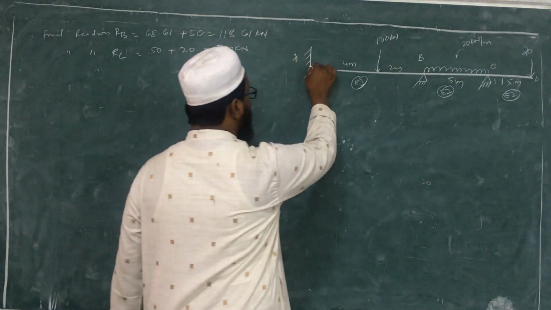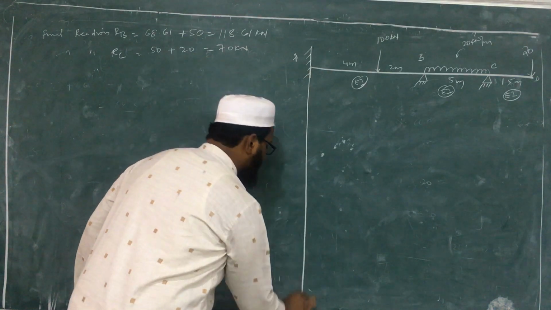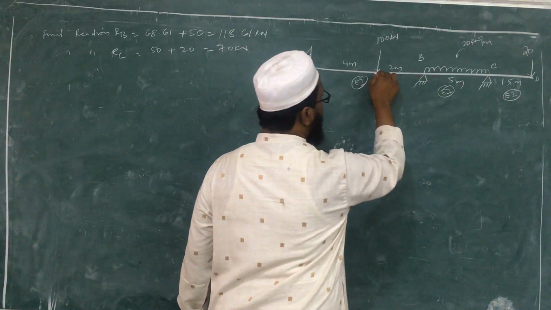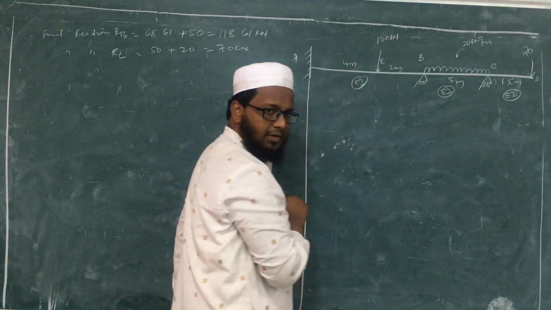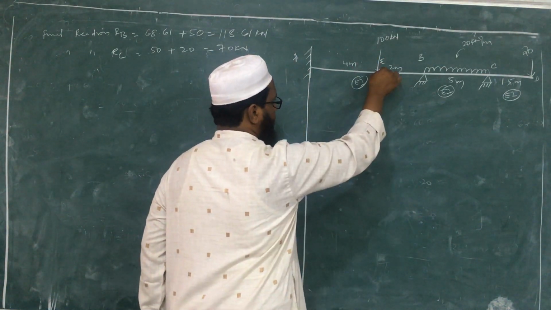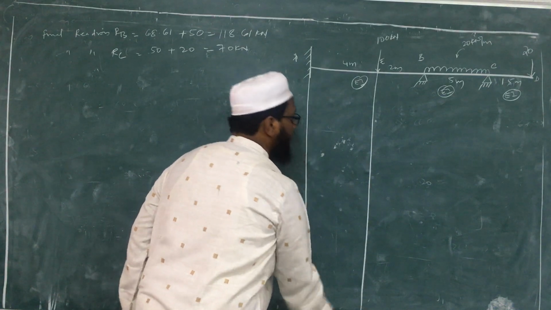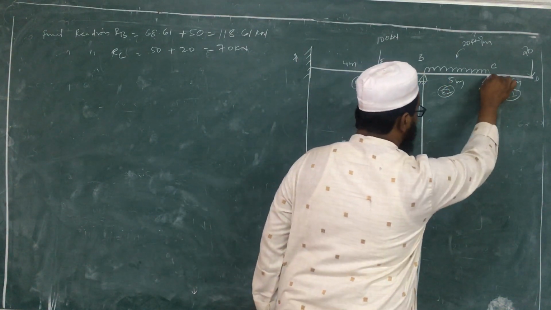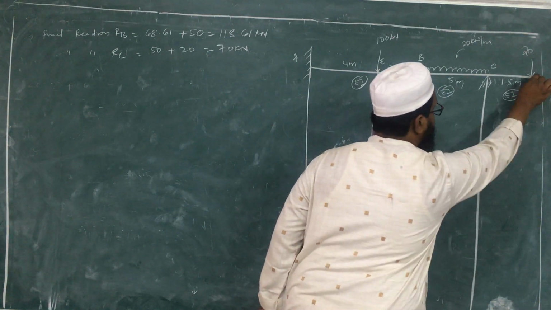So see here, I will drop this point. Since we have A, B, C, D, I will write here E, okay, for this force. Wherever we have a point, project that line in downward direction.